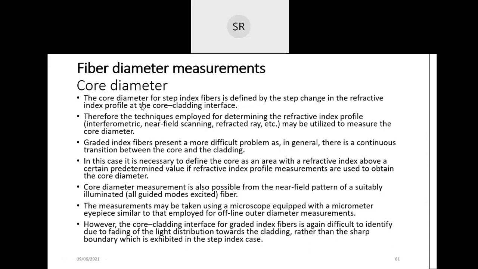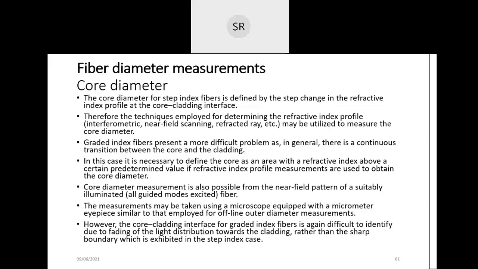But if it is a gradient index fiber, then to obtain the core diameter of the fiber is difficult, because the refractive index of that fiber varies through the core. That's why we should know the refractive index profile of the fiber to obtain the core diameter.